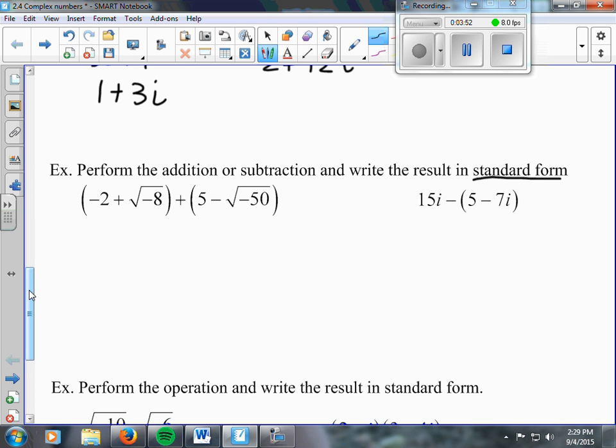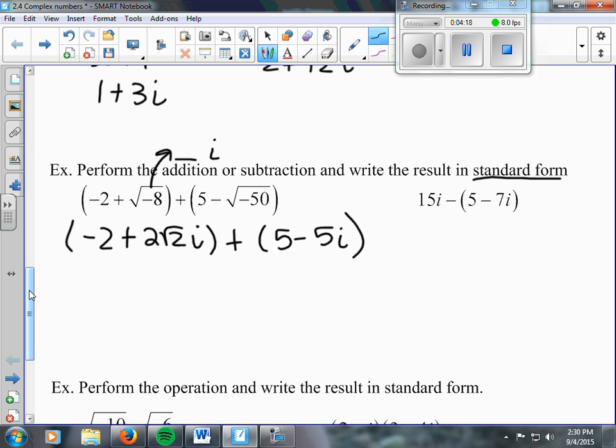Now we're going to do these operations and then write the result in standard form. With order of operations, you need to make these into something times i before you multiply the square roots, because otherwise you'll get b off in your sign. So this is negative 2 plus 2 radical 2 i. And then this number over here is 5 minus 5 radical 2 i.